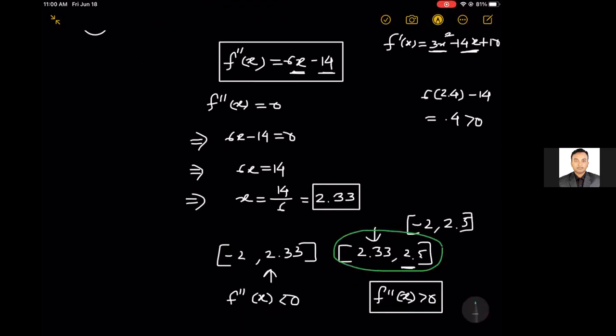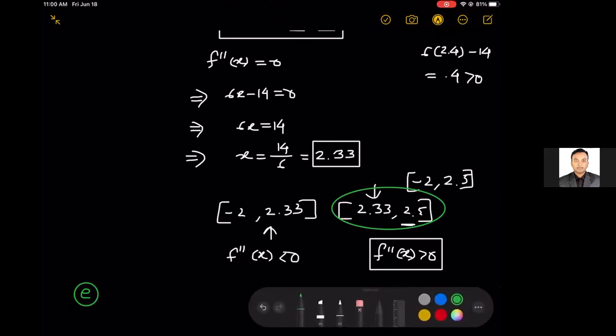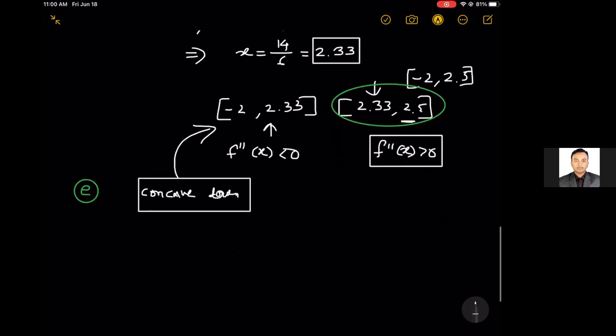This is our answer for D. And our question E asks you to find the interval where it's concave down. The answer is already here. It's this interval, because the second derivative is negative here.